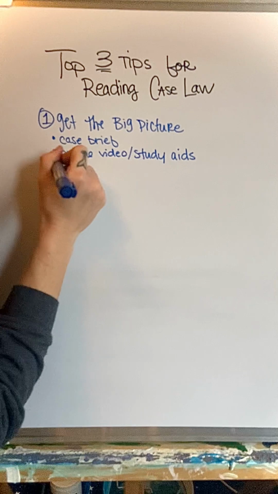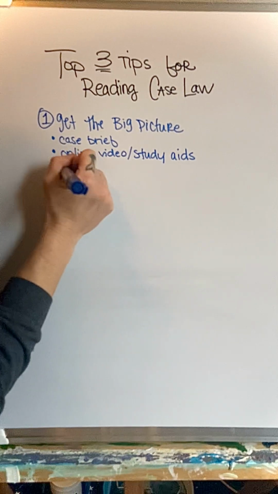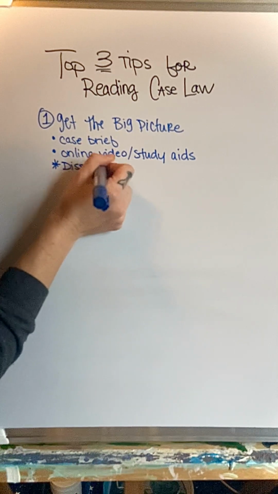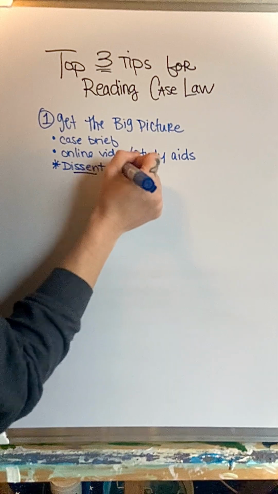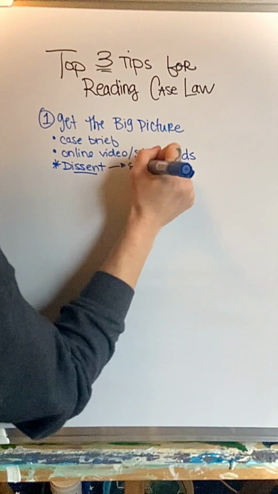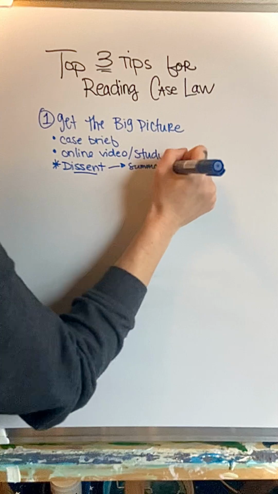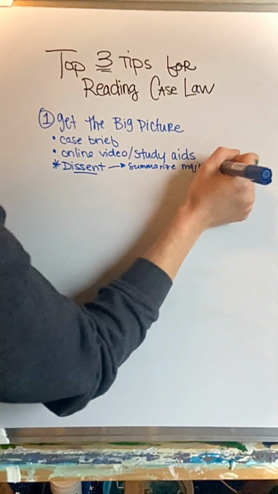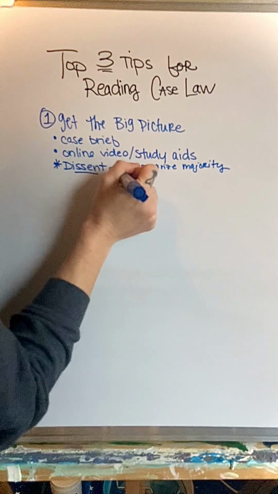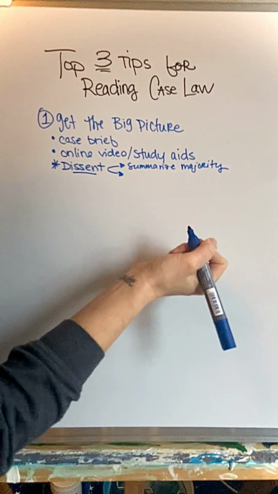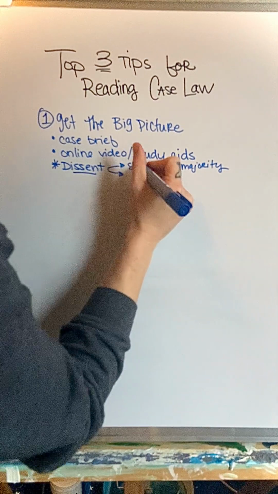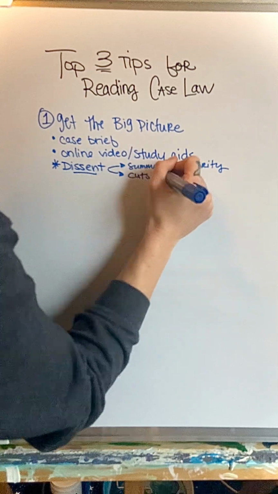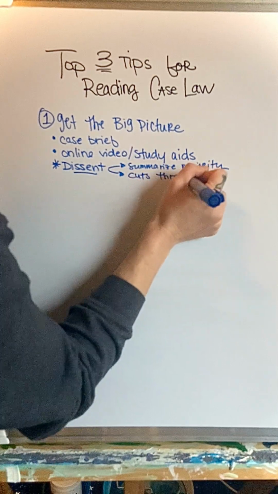But my absolute favorite, if it existed, is always the dissent, because it has to summarize the majority opinion to tell you why it's wrong. And because it's always shorter than the entire case, it cuts through a lot of BS.